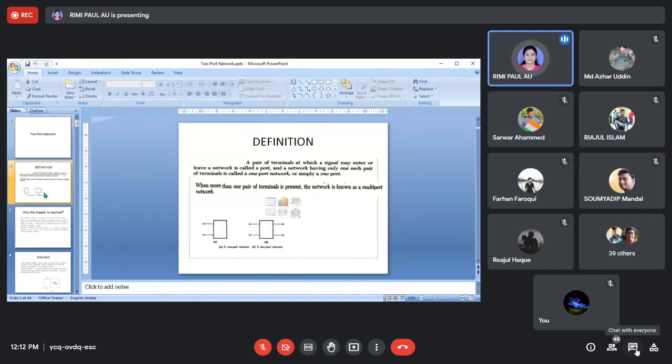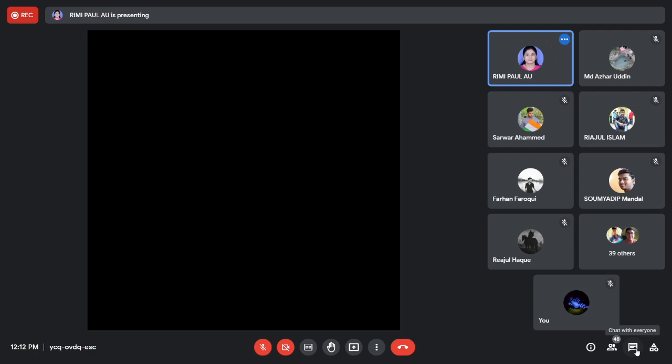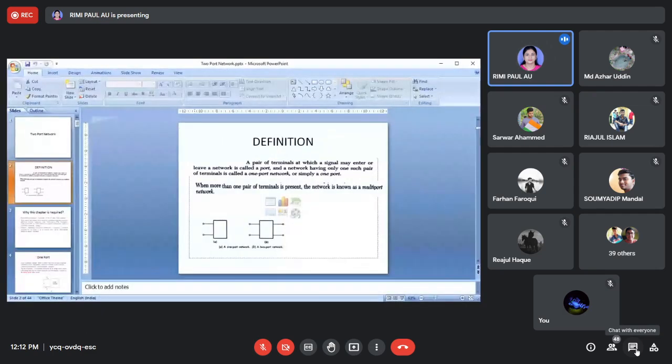So what is the definition? A pair of terminals at which a signal may enter or leave a network is called a port. What is the definition of port? Already I mentioned, a pair of terminals. That means you can take one port, just like a resistor.